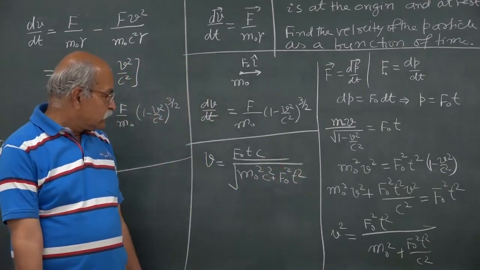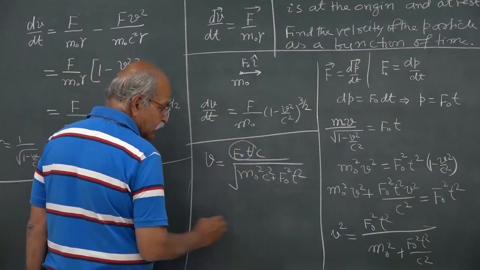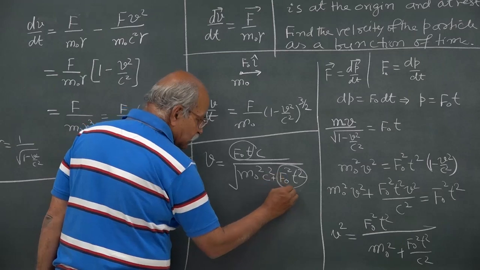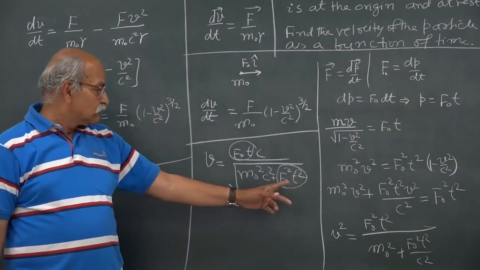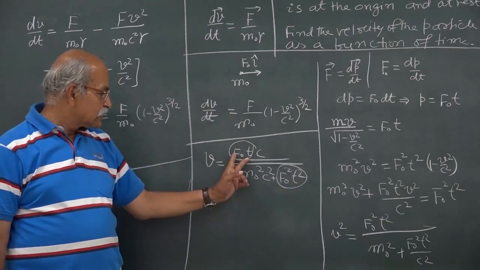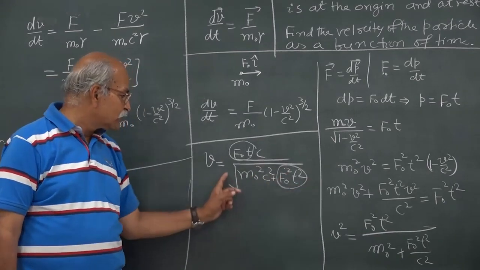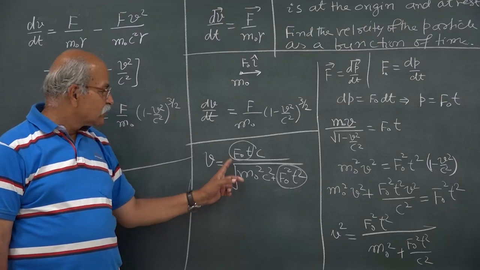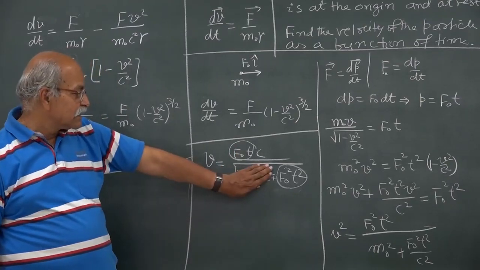You can see that if I compare this denominator with F naught t, the entire denominator will be greater than F naught t. If this added term is 0, then it is F naught t.